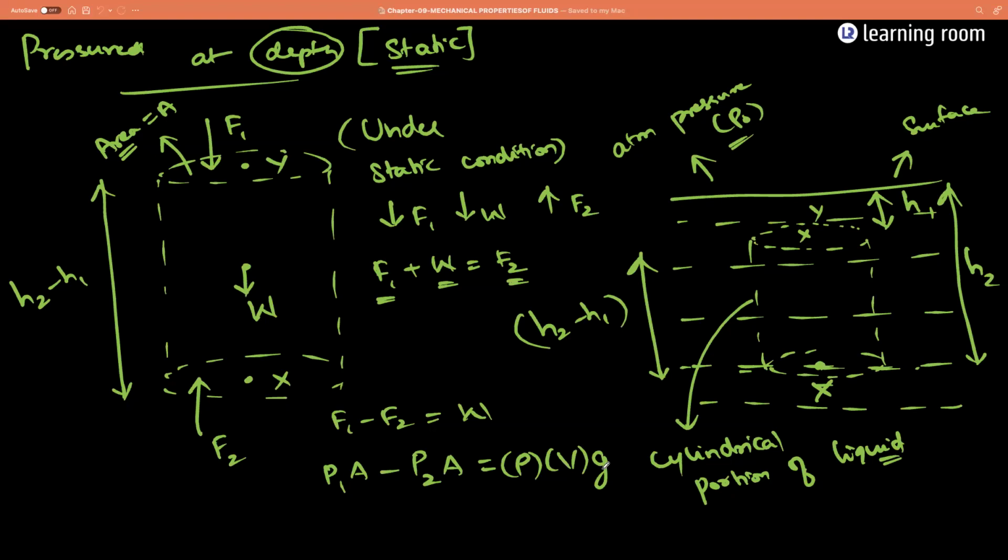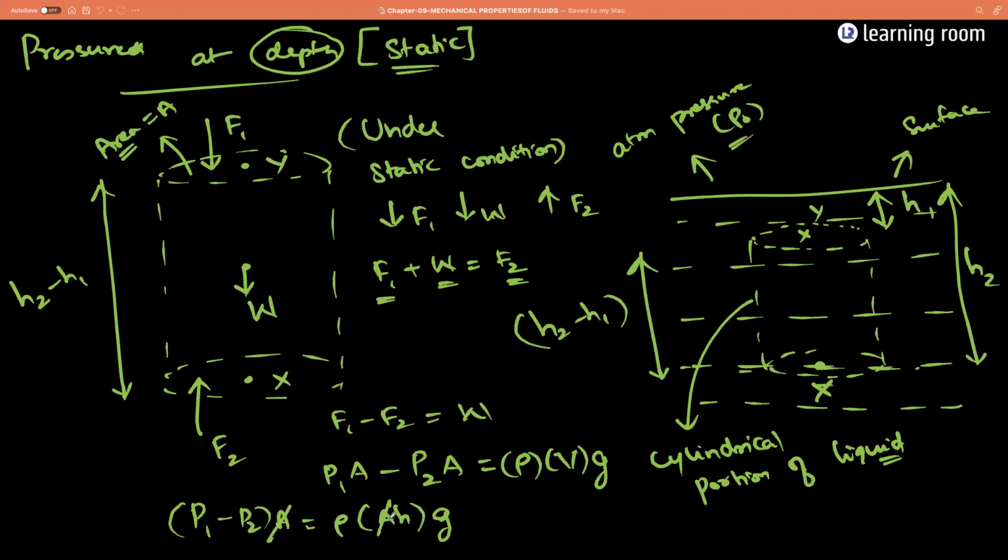Density of that liquid, and V is the volume of the liquid inside the cylindrical portion, into g, because it is mg. So P1 minus P2 into A is equal to density, and the volume I can write as base area multiplied with the height, into g.